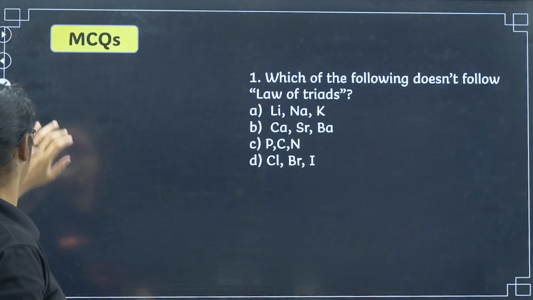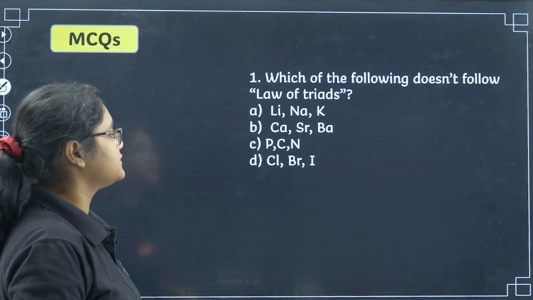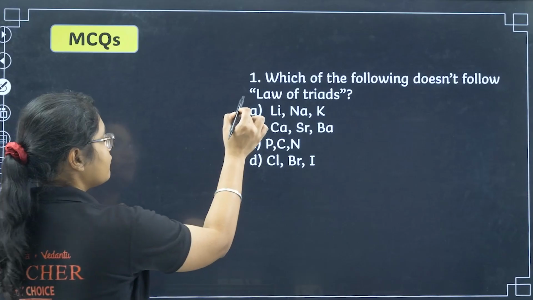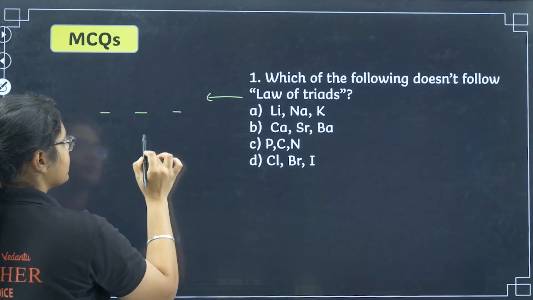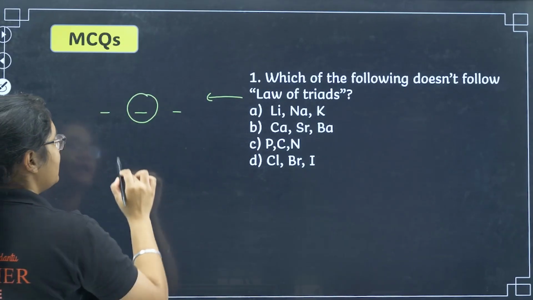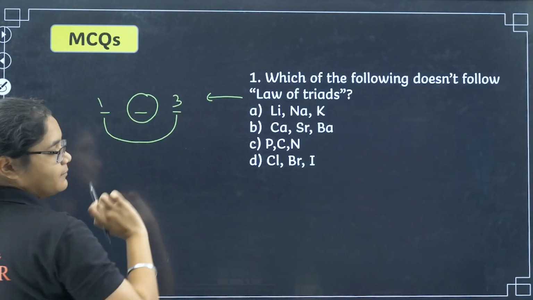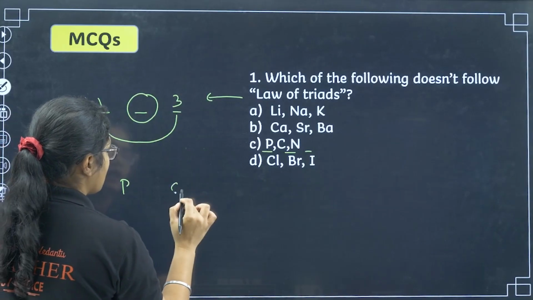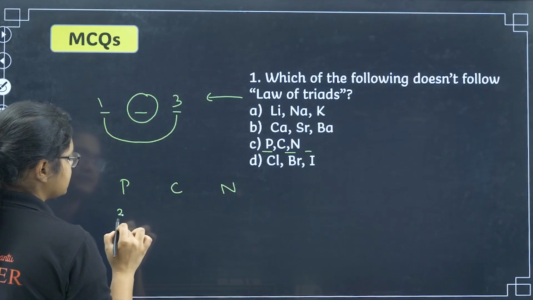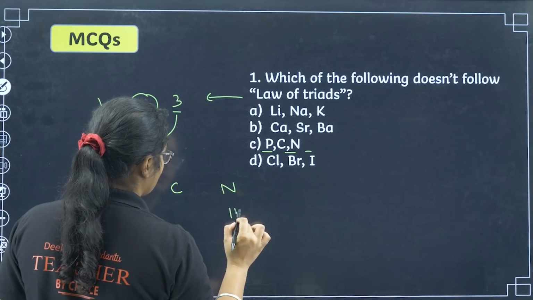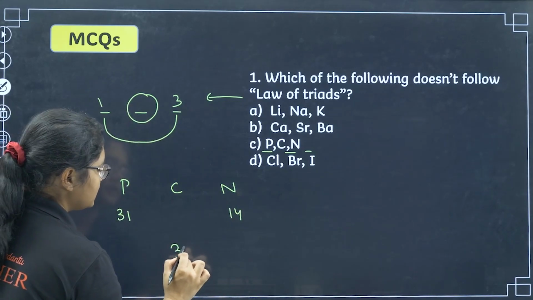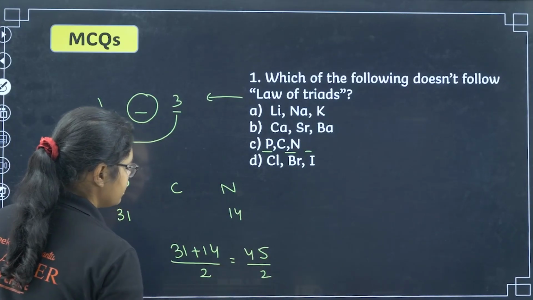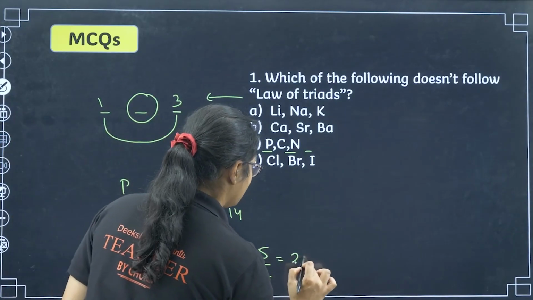Now let's move to the first question here. Which of the following does not follow the law of triads? Law of triads tells you that if I have 3 elements, the mass of the middle element is the average of the first and the third element. If you see here, phosphorus, carbon, nitrogen: mass of phosphorus is 31, mass of nitrogen is 14, and if I take the average, 31 plus 14 divided by 2, it will be 45 by 2, which is equal to 22.5.